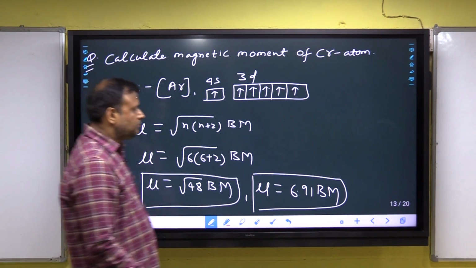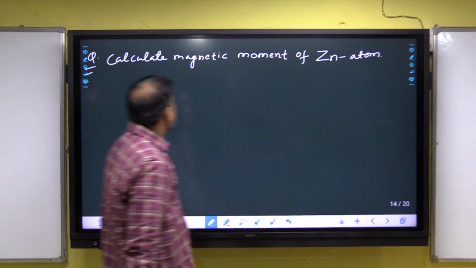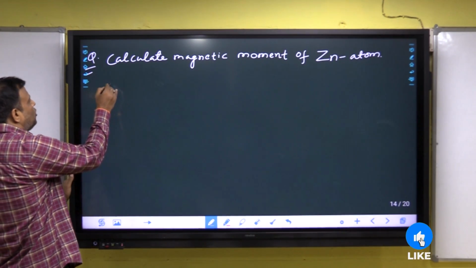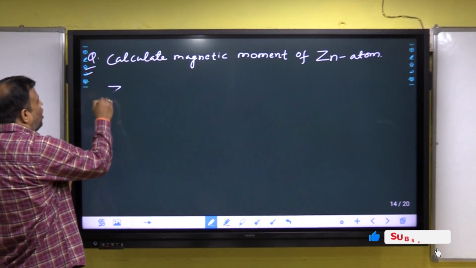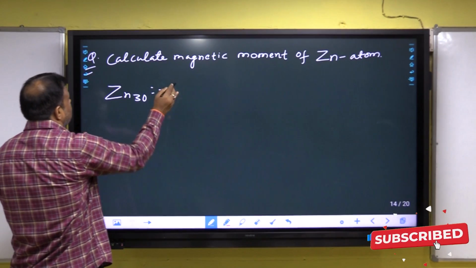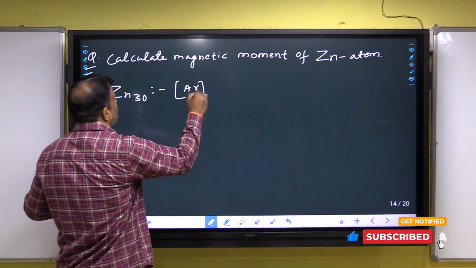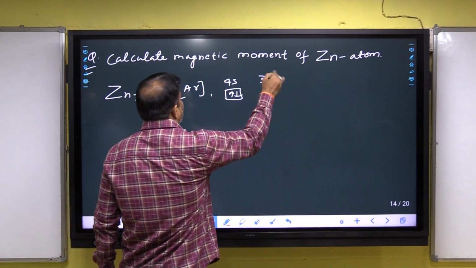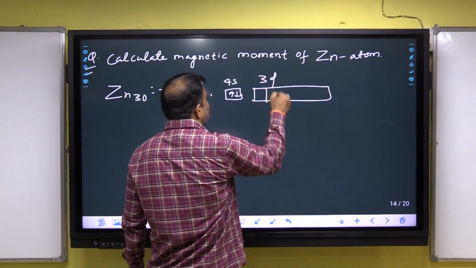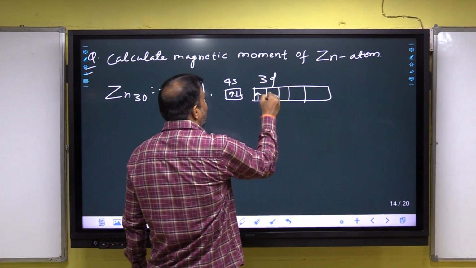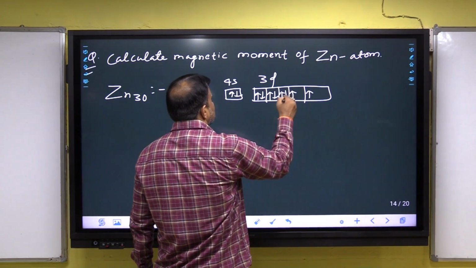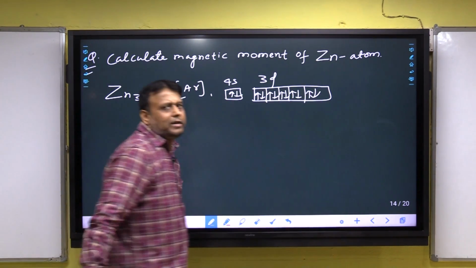Next question. Calculate the magnetic moment of zinc atom. Look at the board. Zinc atomic number 30, argon 4s2, both are paired, and 3d10. Listen, 3d10: 1, 2, 3, 4, 5, 6, 7, 8, 9 and 10.